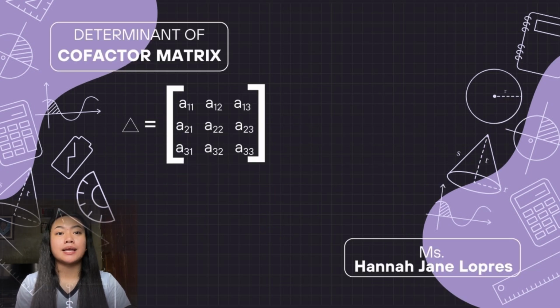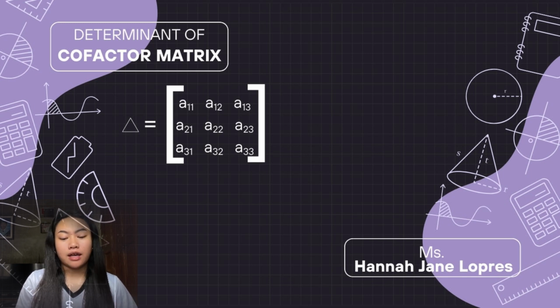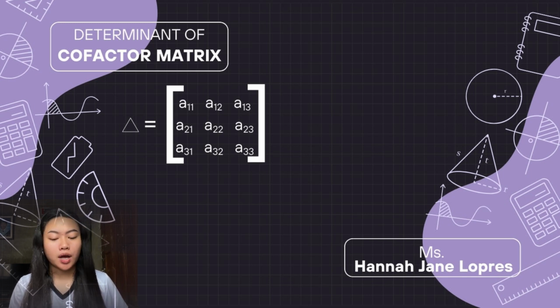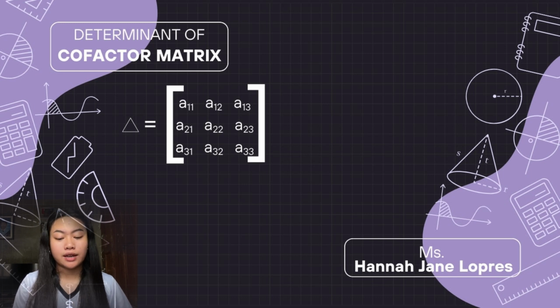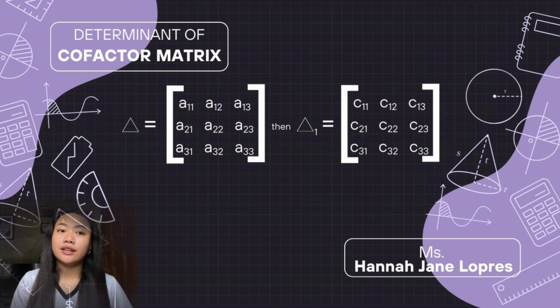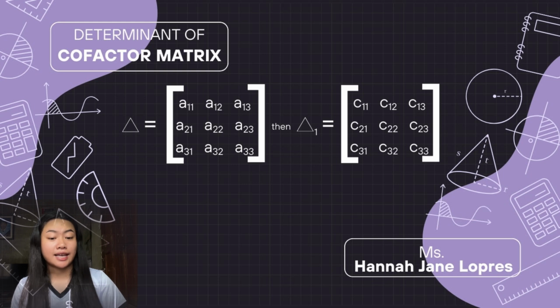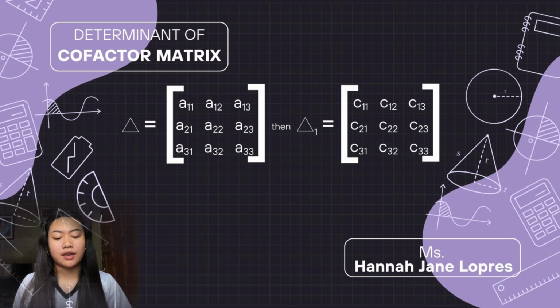So this is the matrix A, consisting of A sub 11, A sub 12, A sub 13, and so forth, till A sub 33. Then our matrix C is the cofactor of matrix A. So we will have here C sub 11, C sub 12, C sub 13 till C sub 33.